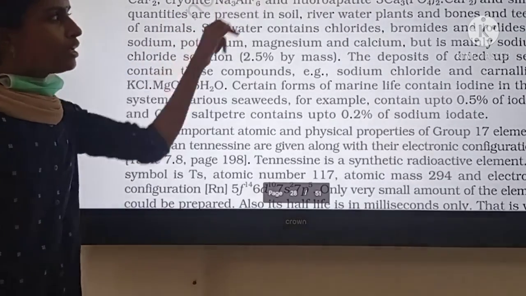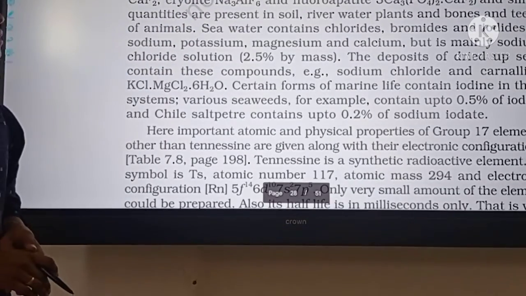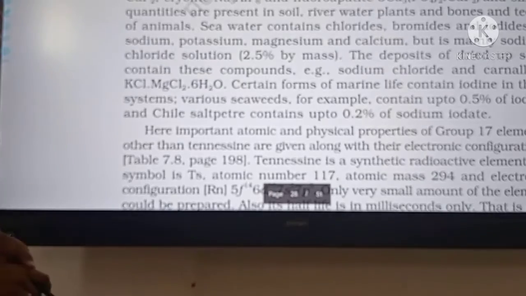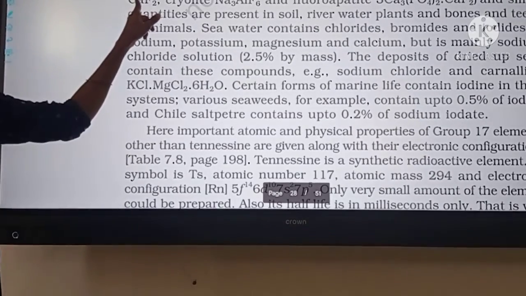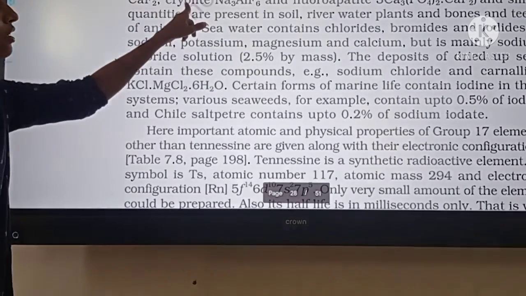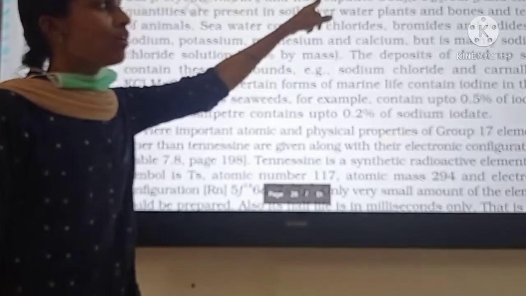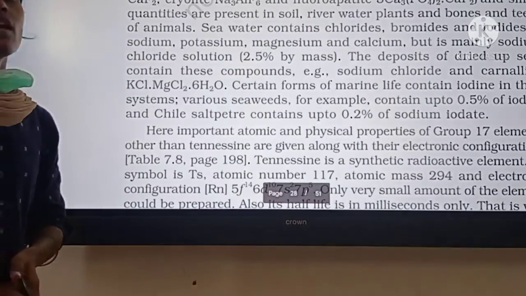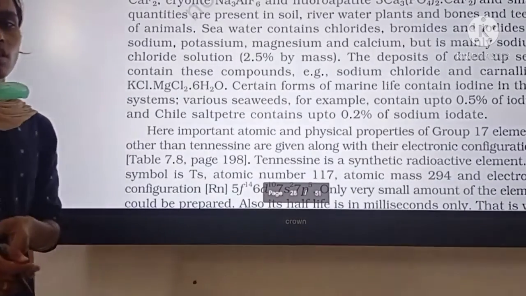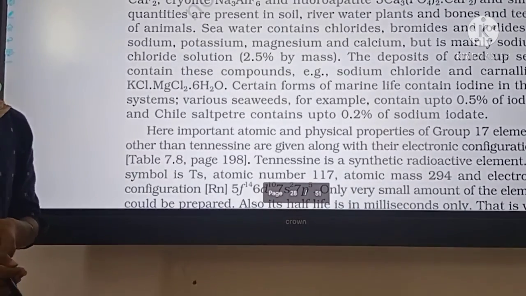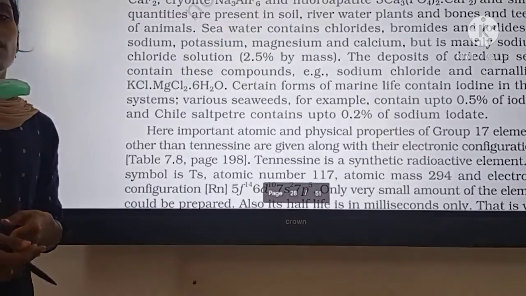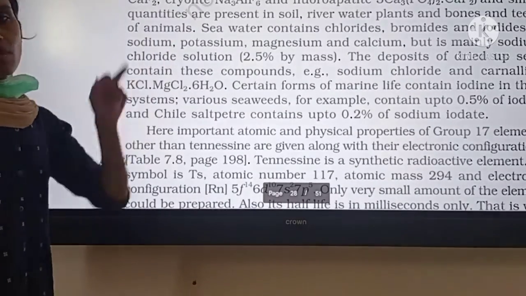Fluorine is present mainly in insoluble fluorides. Fluorspar, cryolite and fluorapatite are the three minerals in which fluorine is present in the environment.